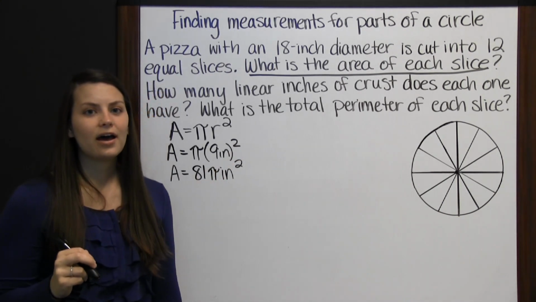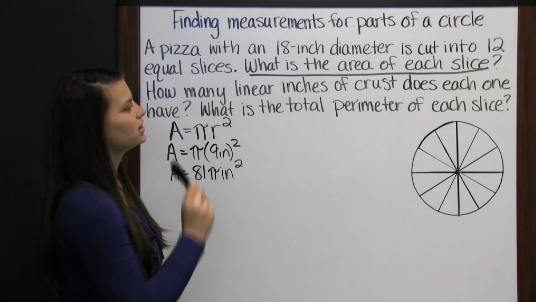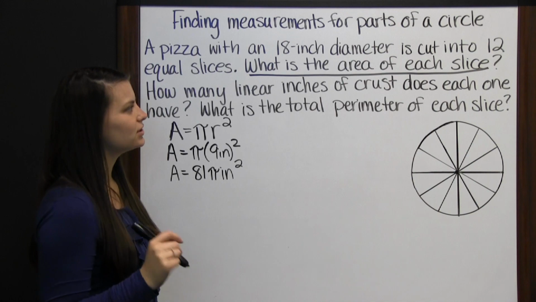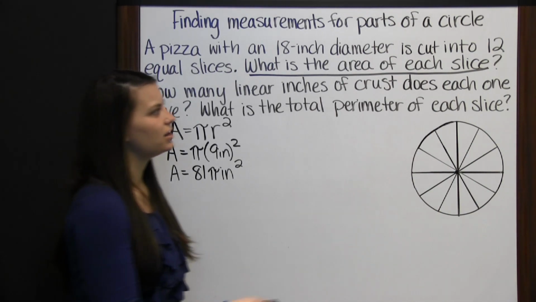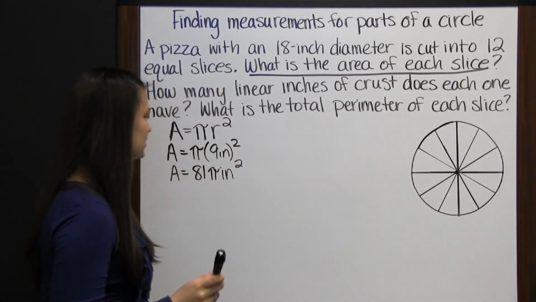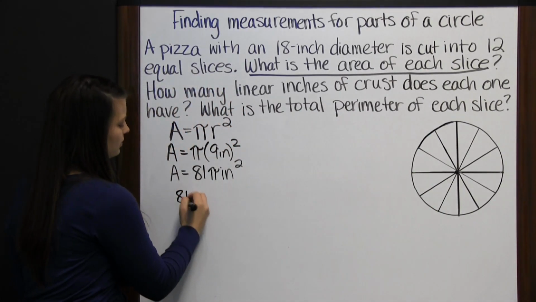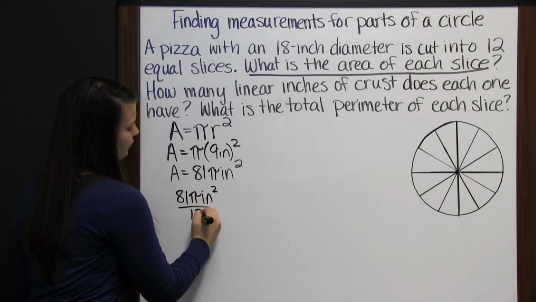Now that's the area of the whole pizza. We want to find the area of just one slice, or of each slice. So that tells us we're going to divide. The area of our pizza is cut into 12 equal slices. So we're going to take our area, 81 pi inches squared, and divide it by 12.